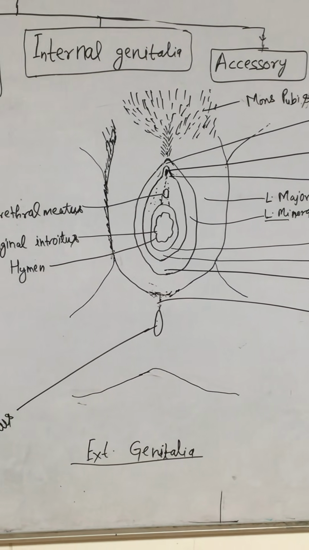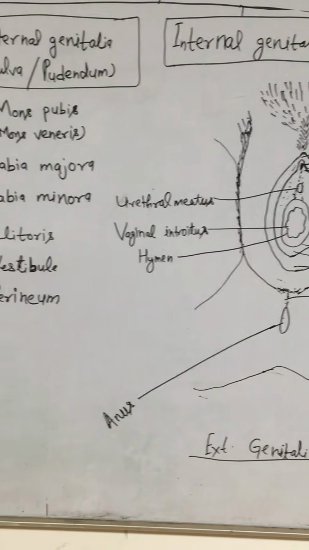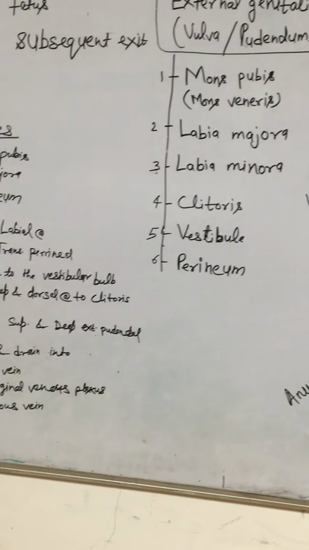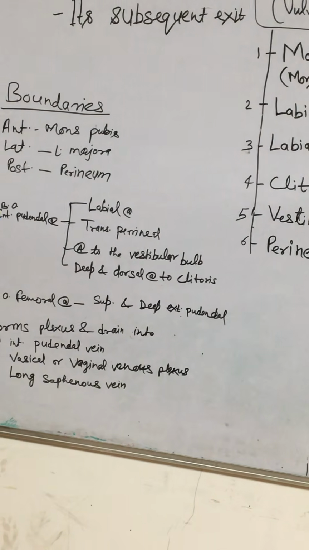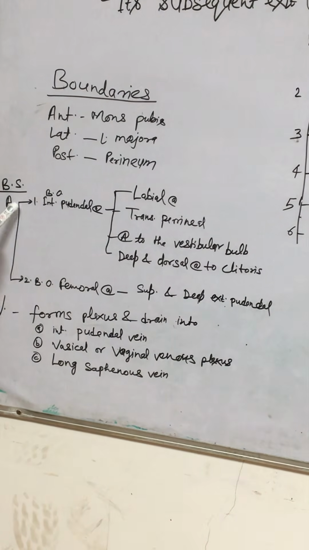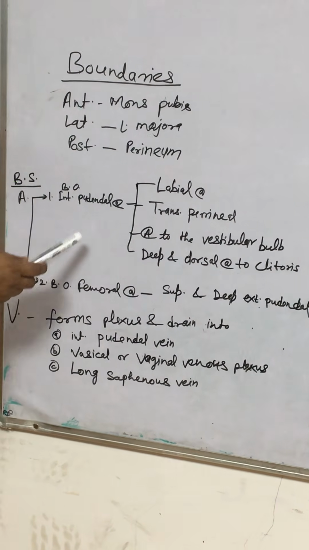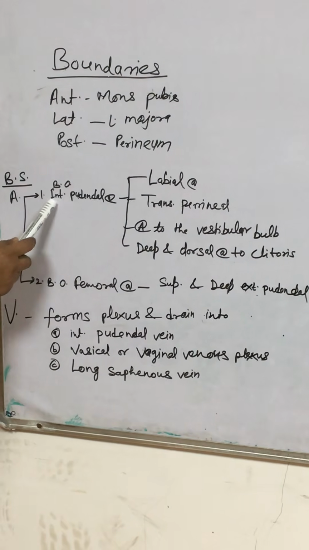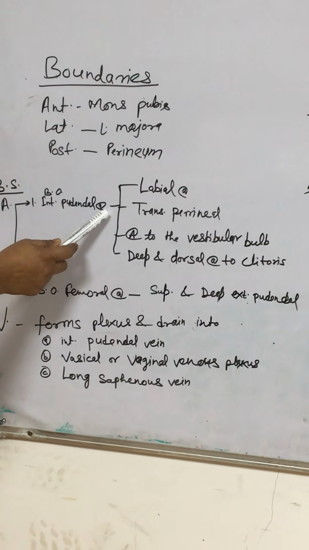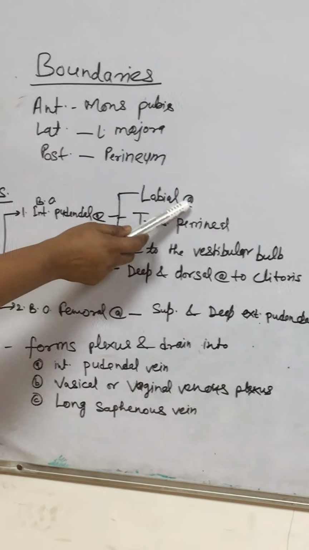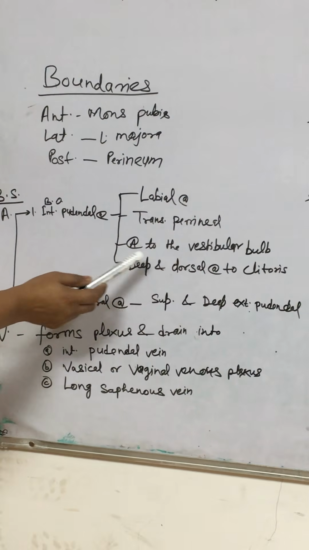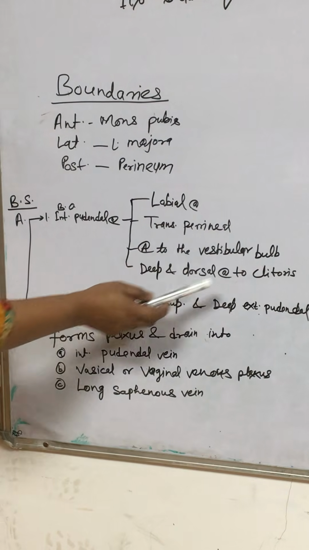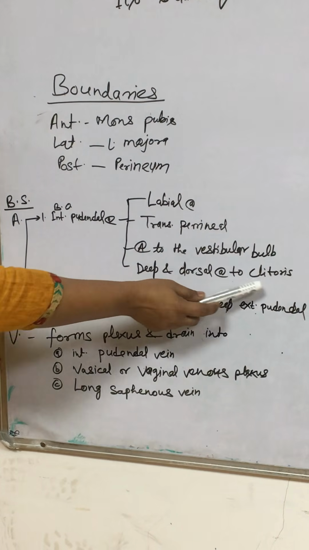Now we will see the blood supply. First is the artery and then the vein. There are 2 main branches. First is the branch of the internal pudendal artery. Its sub-branches are the labial artery, transverse perineal artery to the vestibular bulb, and deep and dorsal arteries to the clitoris.